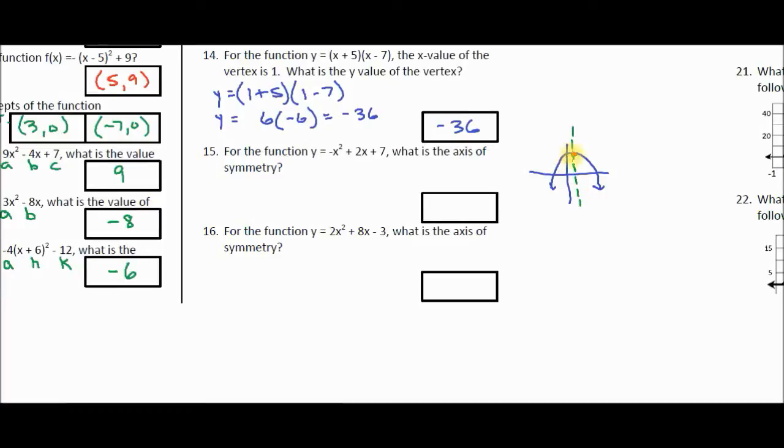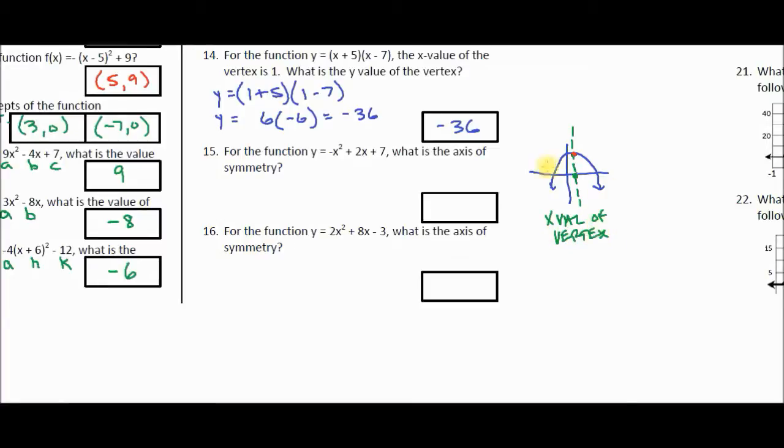It passes through the vertex at this x value right here. So this x value defines the axis of symmetry. That means the axis of symmetry comes from the x value of the vertex.